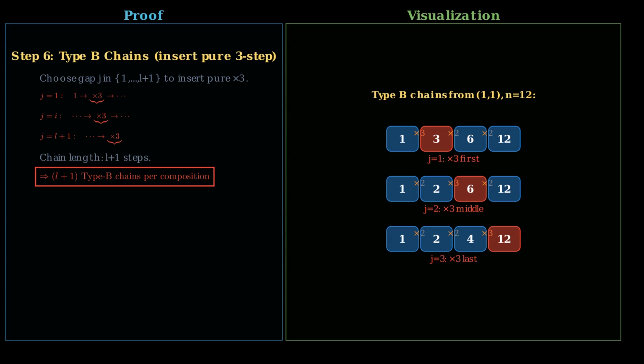If j equals i for 1 less than i at most L, insert times 3 between step i-1 and step i. If j equals L plus 1, insert times 3 at the very end. This gives a chain with L plus 1 steps total. All other steps remain pure powers of 2 from the composition. This yields L plus 1 type B chains per composition.